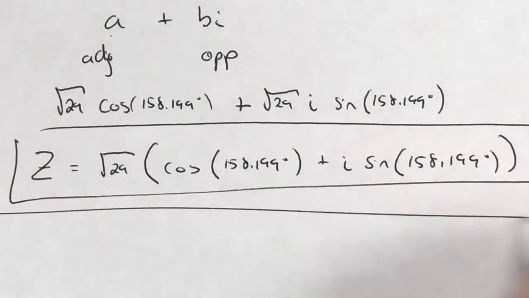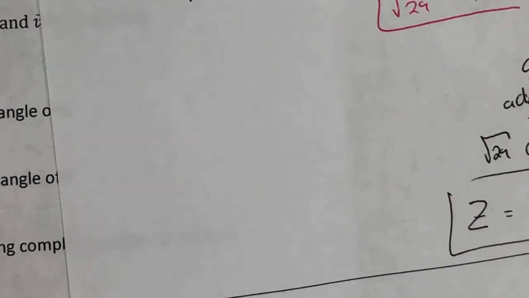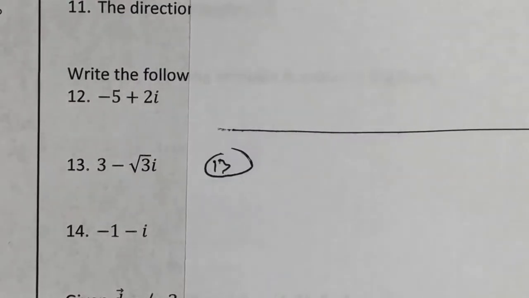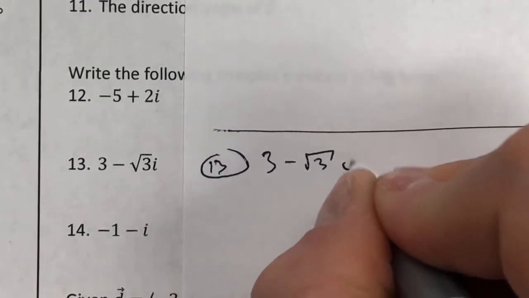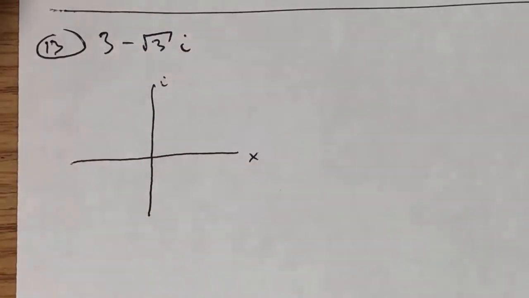Let's take a quick peek at number 13. Number 13, we're doing the same thing, except I'm converting 3 minus root 3 i. Okay. So again, trigonometric form is very similar to polar form. I'm going to show where this is on the complex plane with real and imaginary axes.